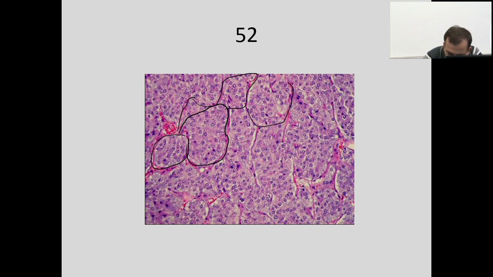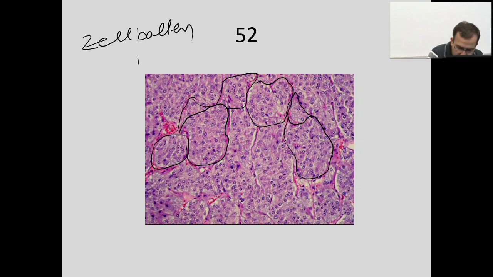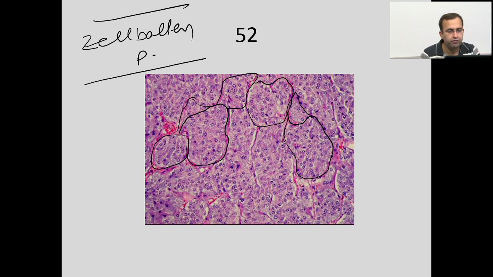These are the compartments. See, these are the vessels. These are the compartments that the vessels are making. This is the classical Zellbellen pattern seen in pheochromocytoma.